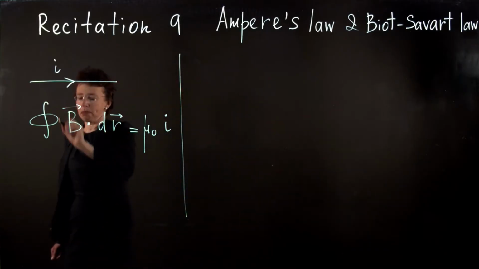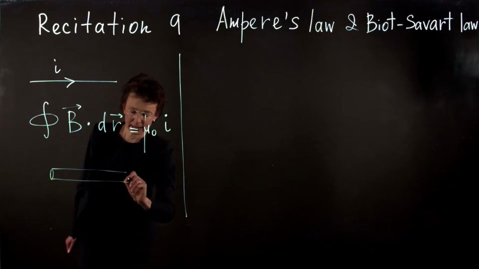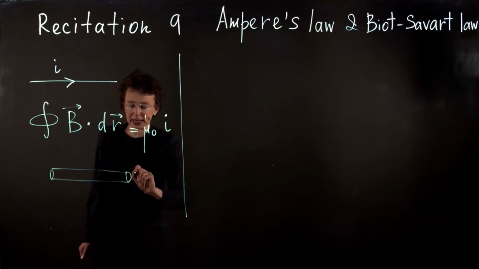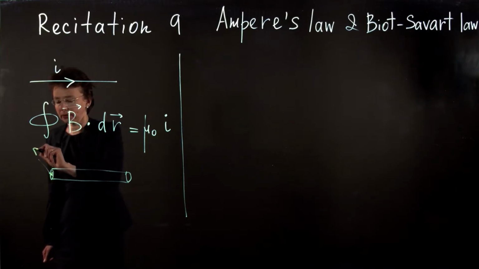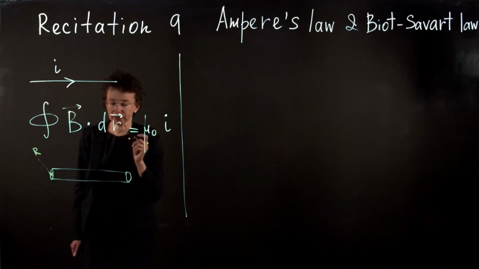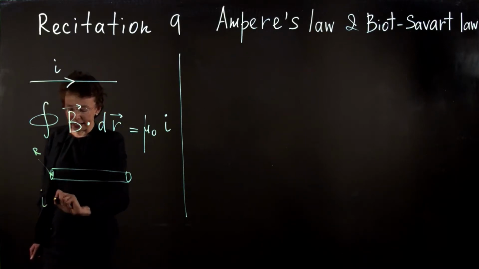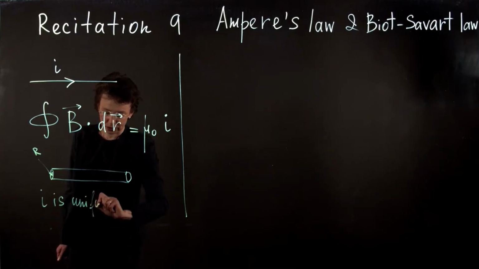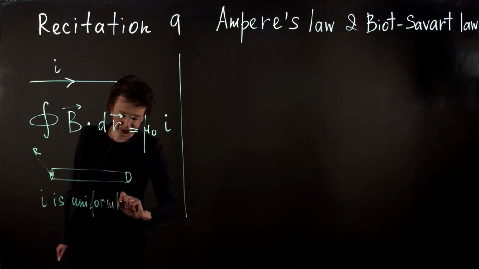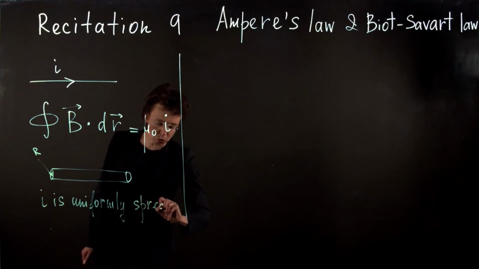Let me make this wire a cylinder, and this cylinder has radius big R. And I tell you that current I is uniformly spread over the cross section of this wire.